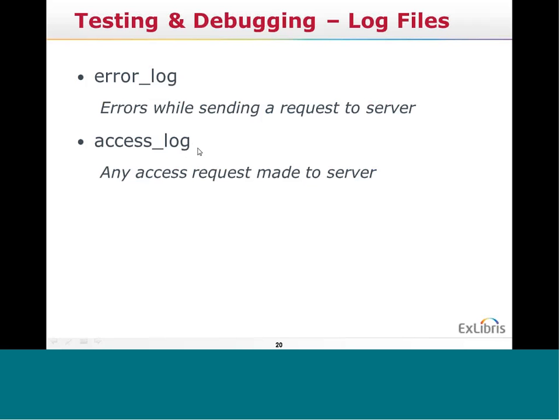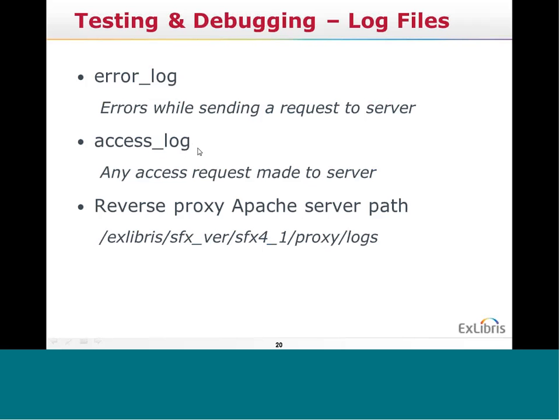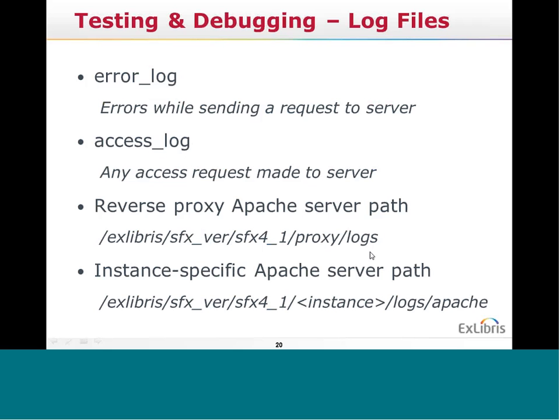There's also access_log, and this is where any access request made to the SFX server is logged. Both files are located at the following paths, and for the reverse proxy Apache server logs, here's the path for that. And for the instance-specific Apache server logs, here's the path to access those logs. And in order to view the content of the files, you must log on to the server as an instance user.